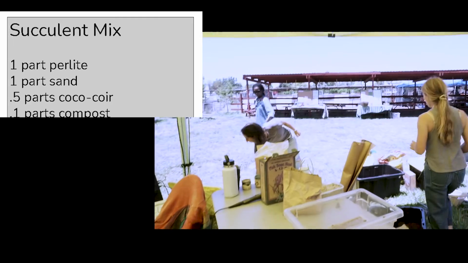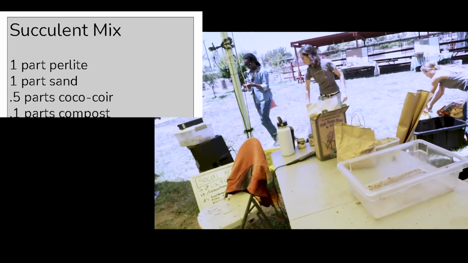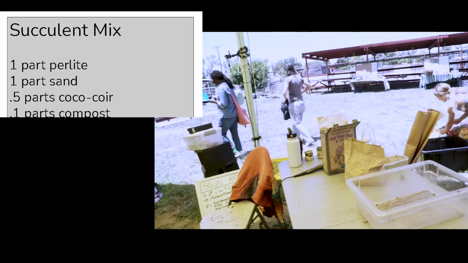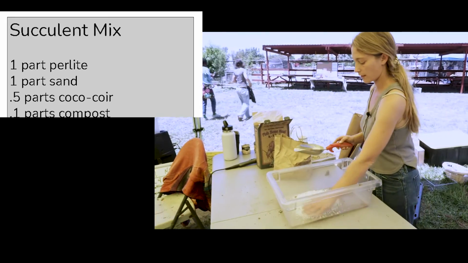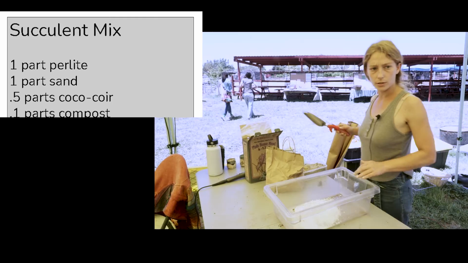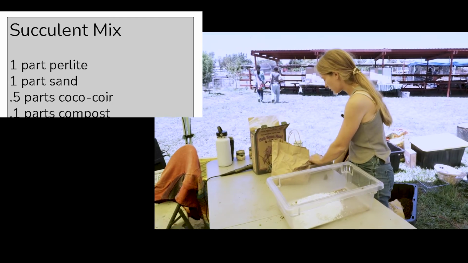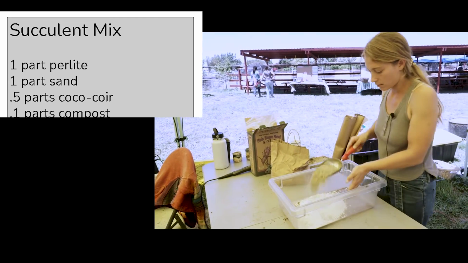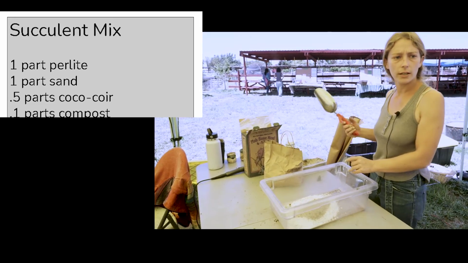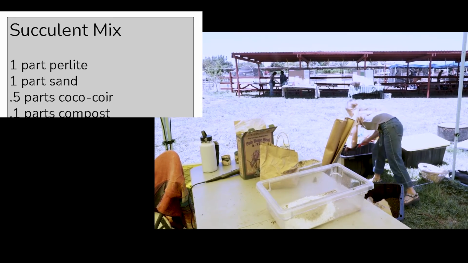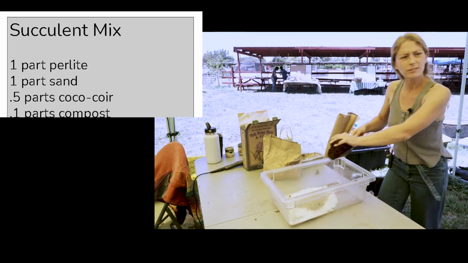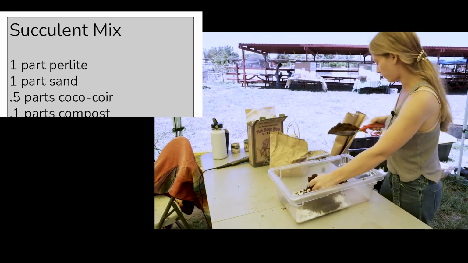So for this one, we're going to actually do perlite just to show you guys a different example. This is really white, so it's a little bit different than that vermiculite. And then we're going to do a scoop of sand. So already starting a bit different. We're going to do quite a bit of coco coir.